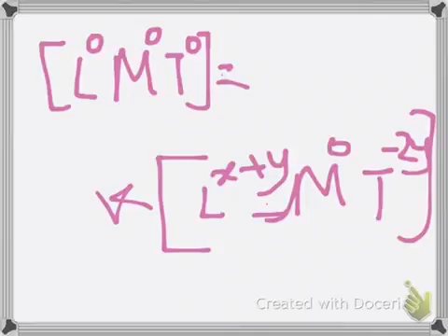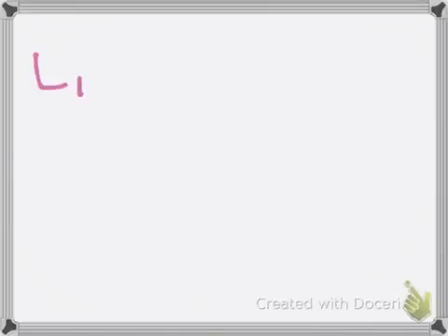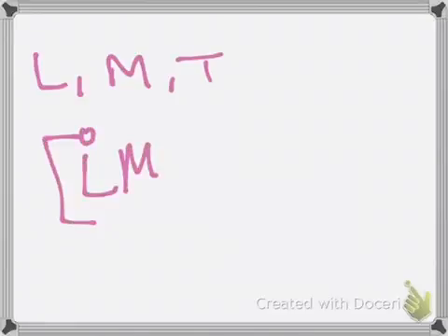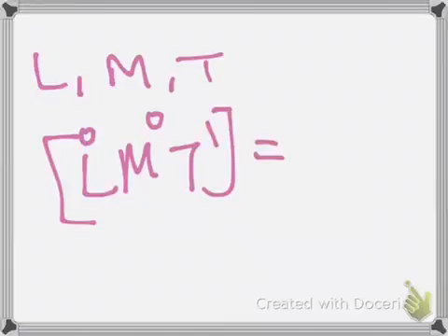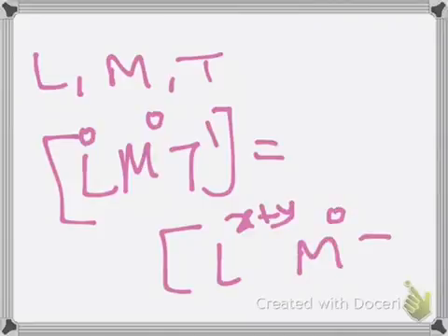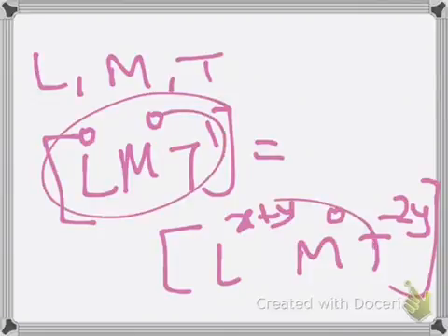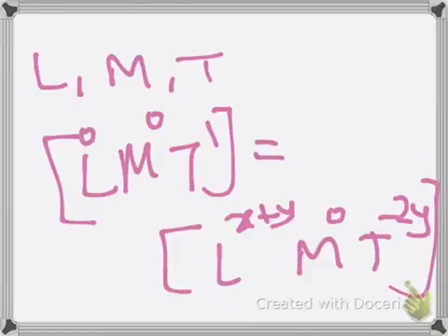Alright, so we know by comparing the powers of L, M, T. In dimensional analysis, when we have two sides of an equation with dimensions, and we have variables on one side, like in this example, L to the power x plus y, M0, T to the power minus 2y, we know that they are equal, so we equate the powers.